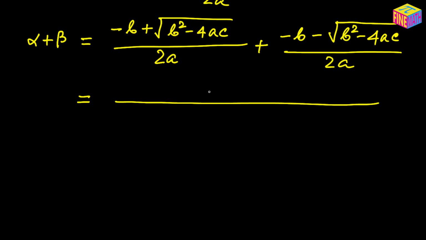the LCM will be 2a because the denominator for both terms is 2a, so we will simply have the numerators coming up here.